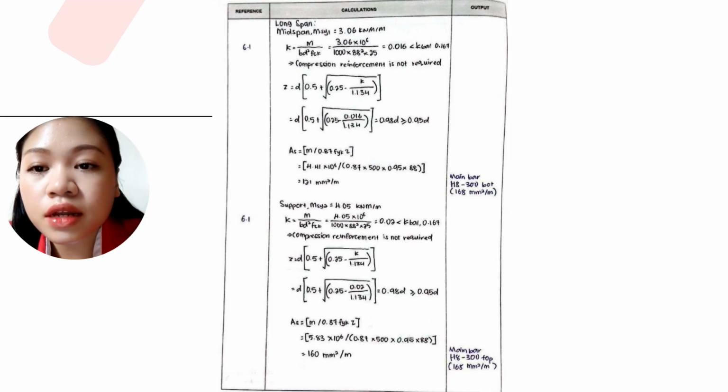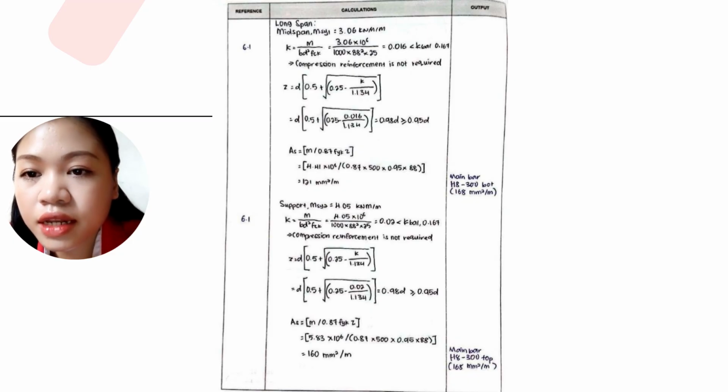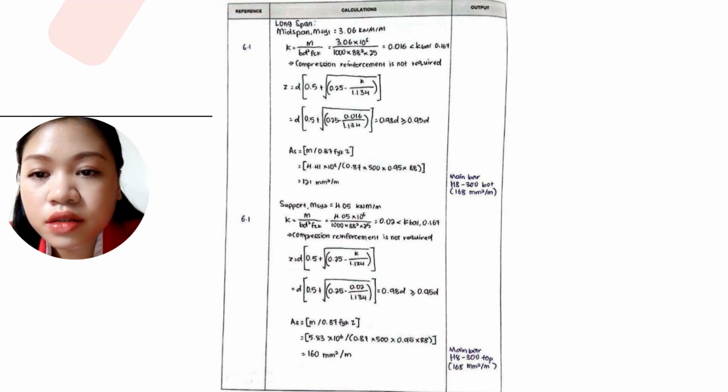The required steel areas are 121 mm² per m and 160 mm² per m respectively. Again, I specify H8 at 300, which is 168 mm² per m, to maintain uniformity across the slab.